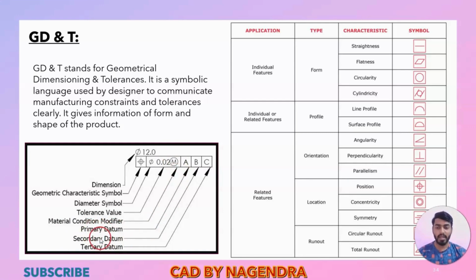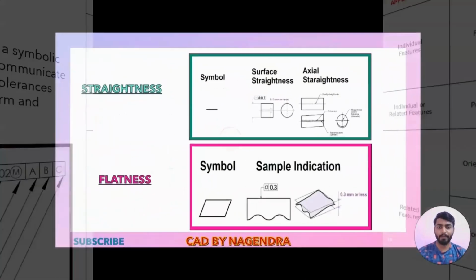Then primary datum, secondary datum, tertiary datum. In total we will have 3 datum planes. According to our requirement, we can use either 1 or 2, or in very rare cases we use all 3 datum features. Now let's go to the next slide to see one by one.